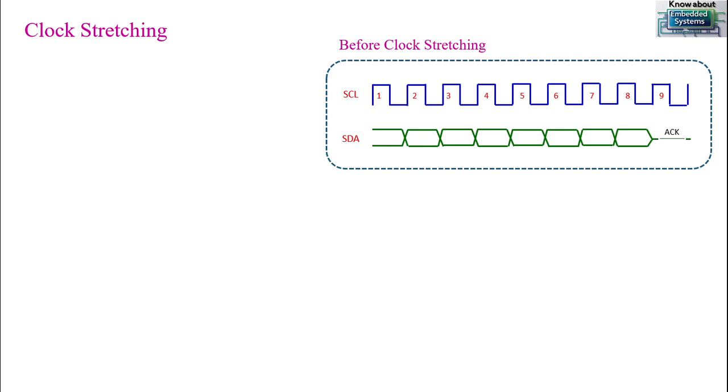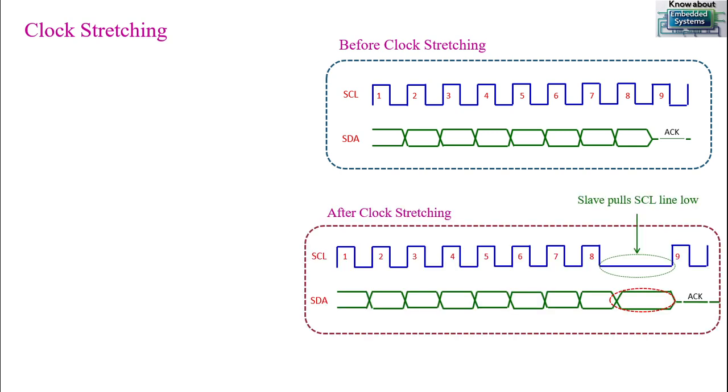In that situation, I2C slaves are allowed to stretch the clock line low to slow down the speed of communication. This process is called clock stretching.